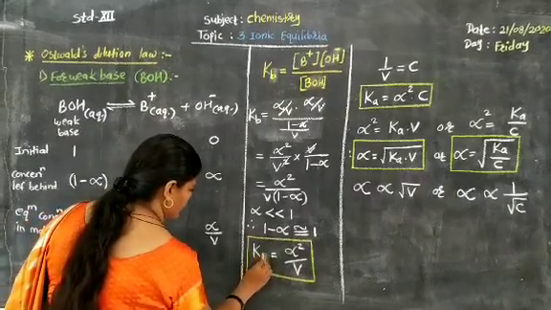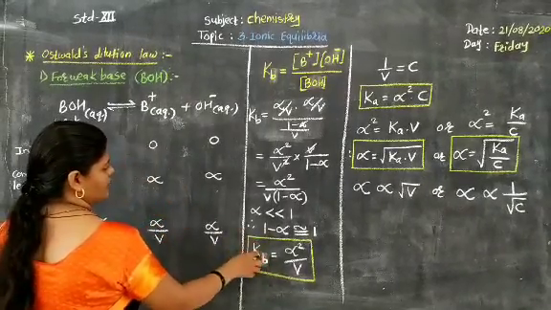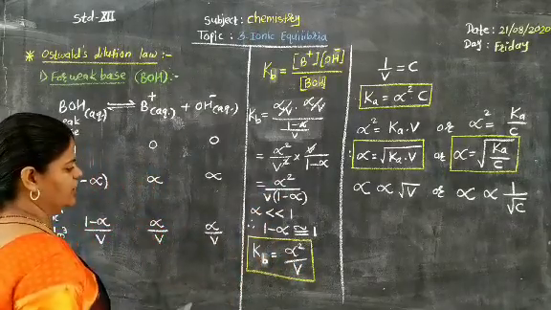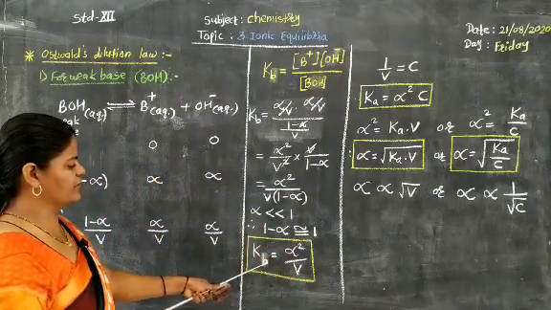And hence we get the first formula. Just instead of Ka, now we have to write Kb. Kb is equal to alpha square upon V. No change, just substitute Kb instead of Ka.